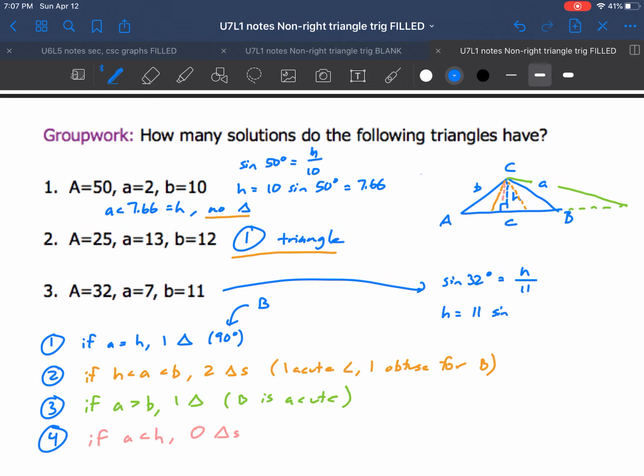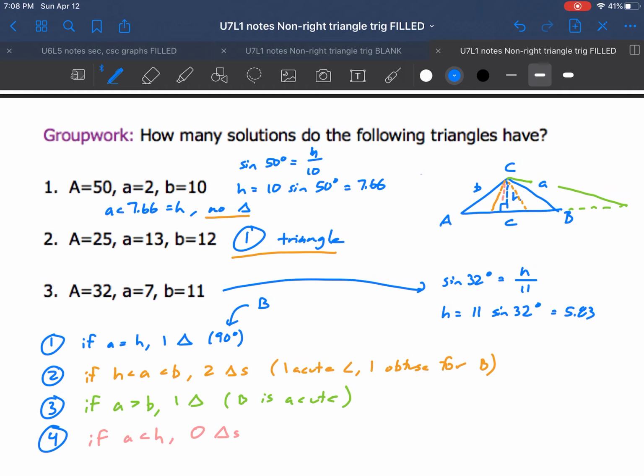So h is 11 sine 32 degrees, which is 11 times sine 32. That's 5.83.